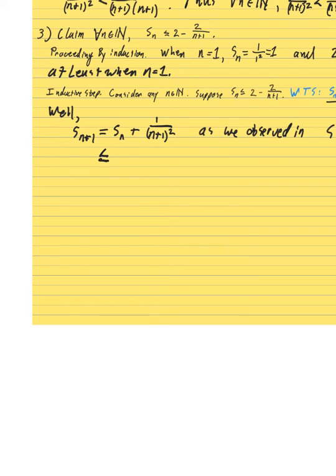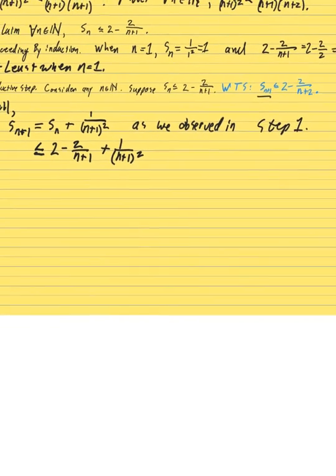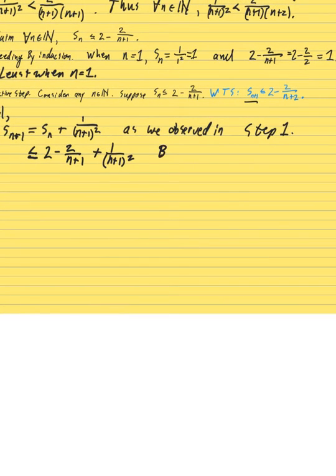That is now less than or equal to 2 minus 2 over n plus 1 plus 1 over (n plus 1) squared, by our inductive assumption.